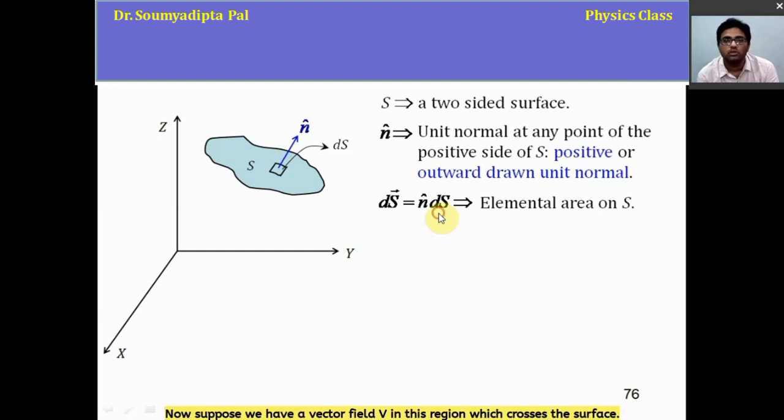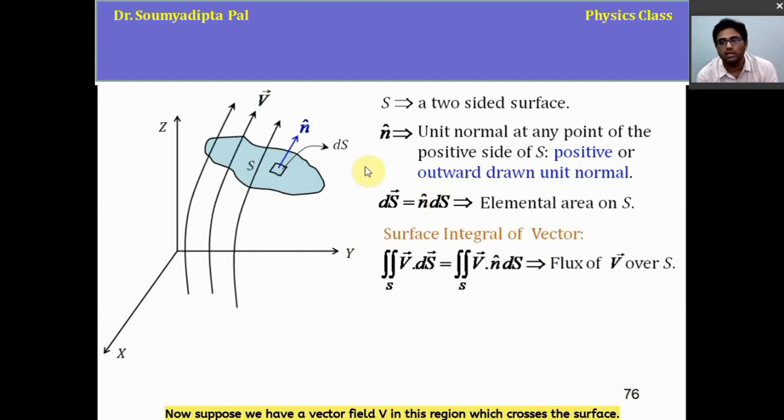Now suppose we have a vector field V in this region which crosses the surface. Here these lines are a pictorial representation of that vector field.